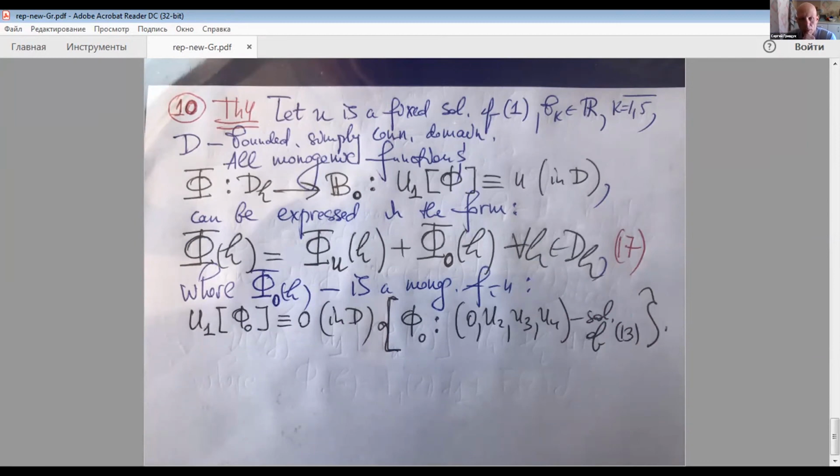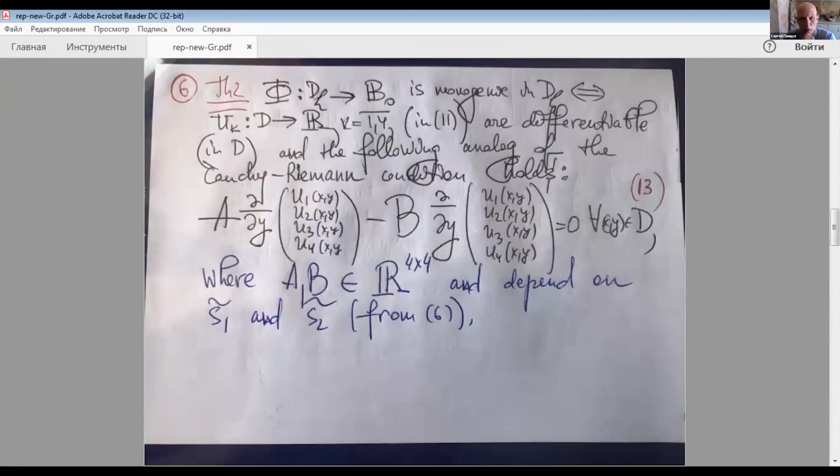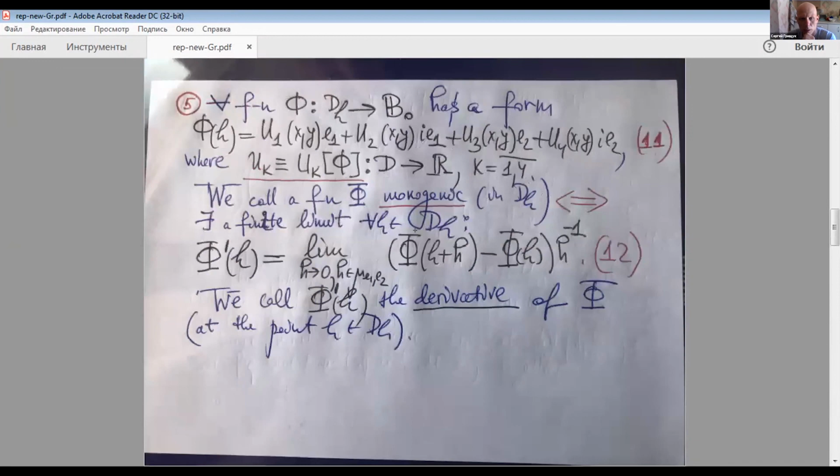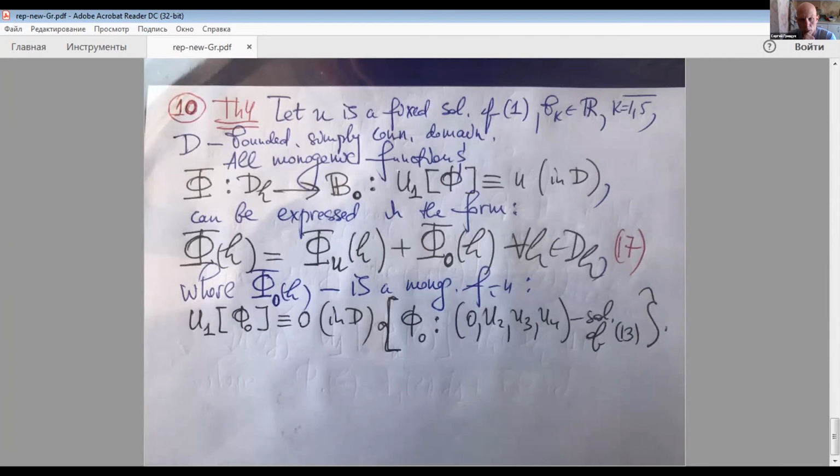So let U be a fixed solution of equation 1. Coefficients b_k are real. D is a bounded and simply connected domain. Then all monogenic functions from D zeta to B0, such that the first real component U1 coincides with this fixed solution, can be expressed in the following form 16.